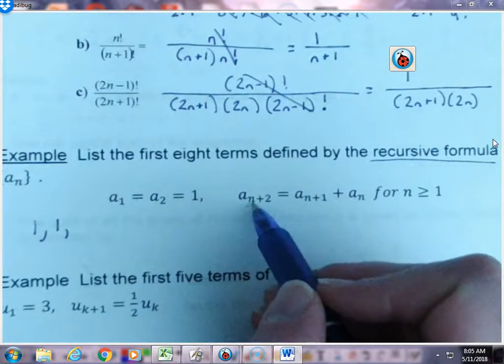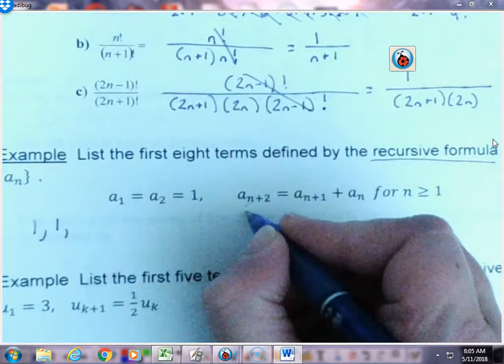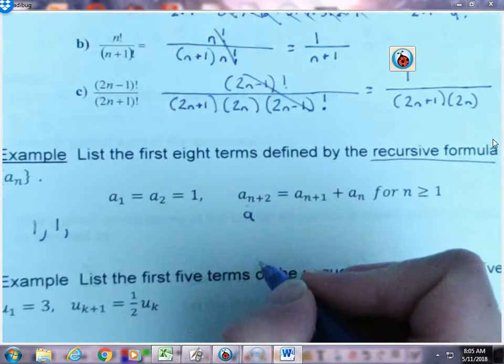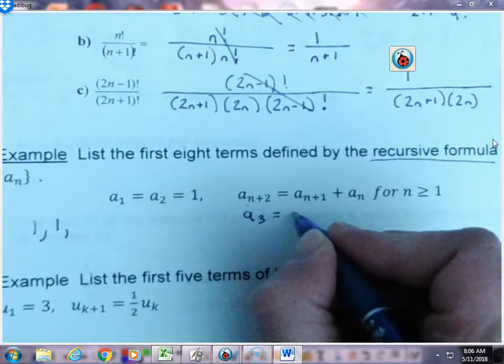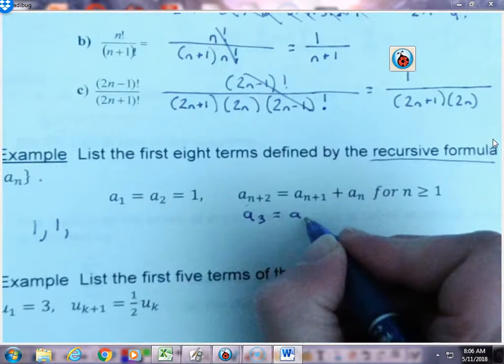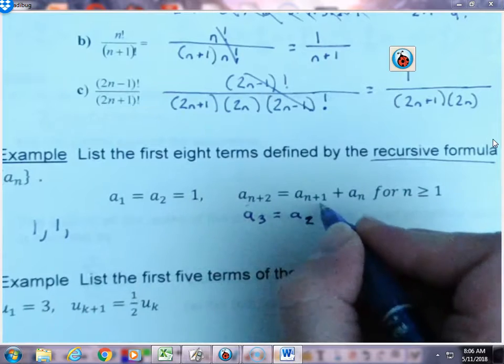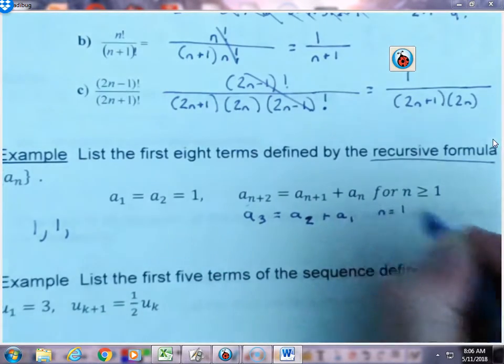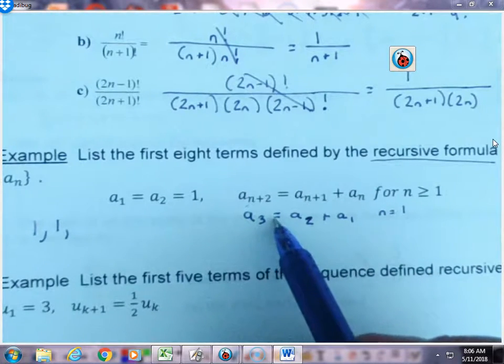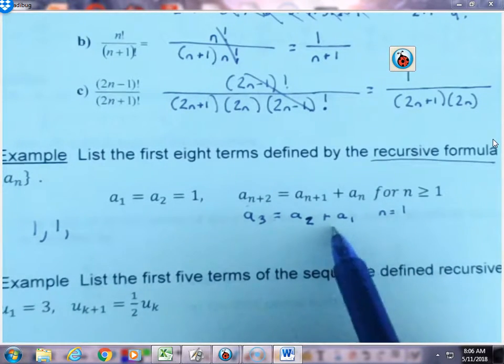Now this says this works for n greater than or equal to 1. So I could put in a 1 right here. That's the first number this formula is good for. So this would be a sub what if I put in a 1? A sub 3 would be equal to a sub 2 this time, plus a sub 1. And that's for n equals 1. So what they're saying is to get the third term, you need to add the second term and the first term.